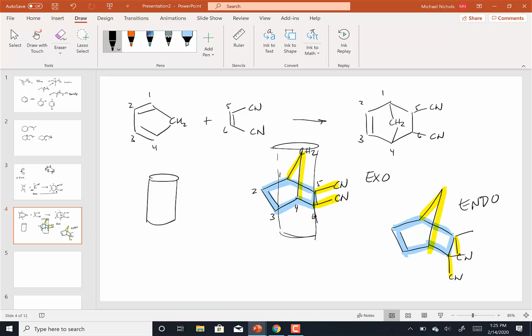So if you go to biology, we have exo and endo, exoskeleton, endoskeleton. Exoskeleton is skeleton that is outside, endo is inside. So you can think of it as saying, okay, here's my cylinder, and in this case the groups are pointing outside the cylinder, they're directed outside, whereas here they're kind of in the cylinder, so that's exo and endo.